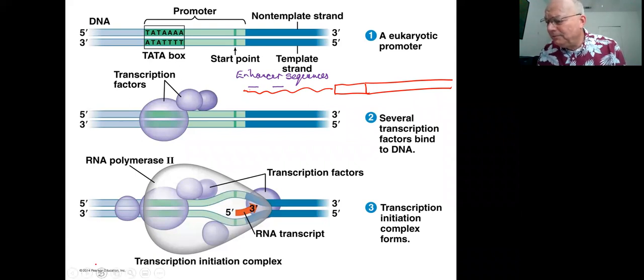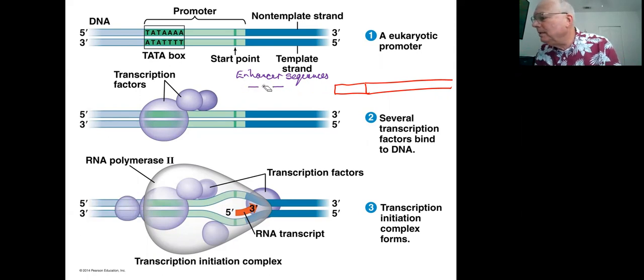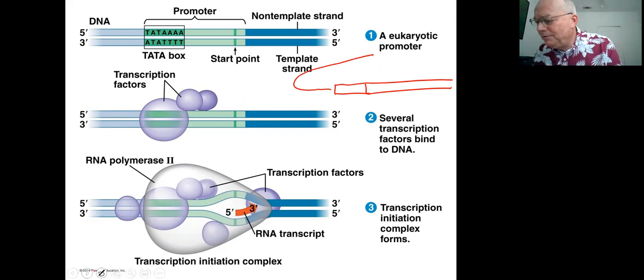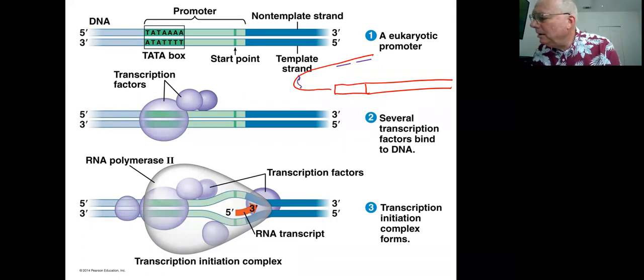So I'm going to erase this a little bit and show you how this works. So the DNA bends around so that the enhancer sequences are now near the promoter region, and there's actually a protein that binds in here called the DNA bending protein.